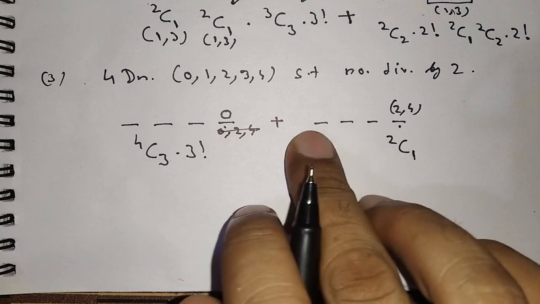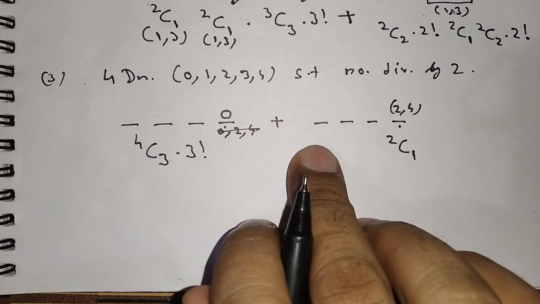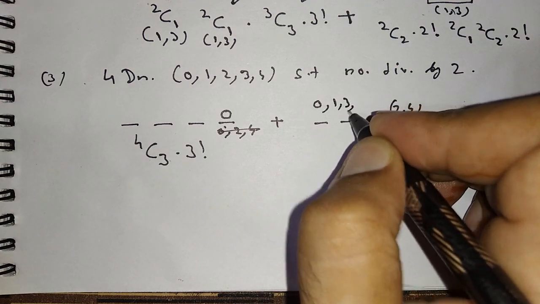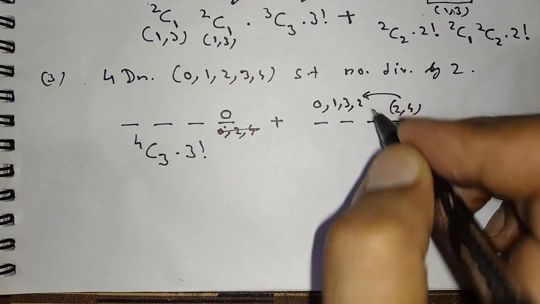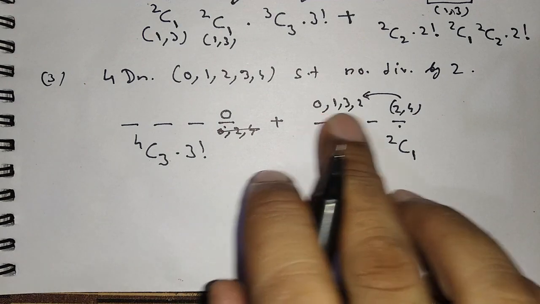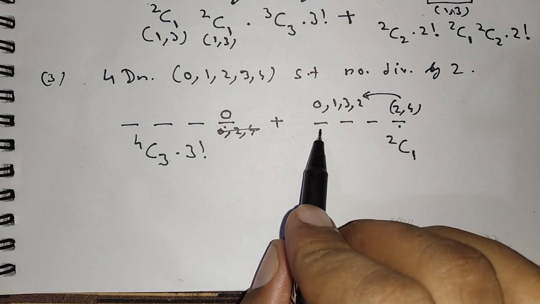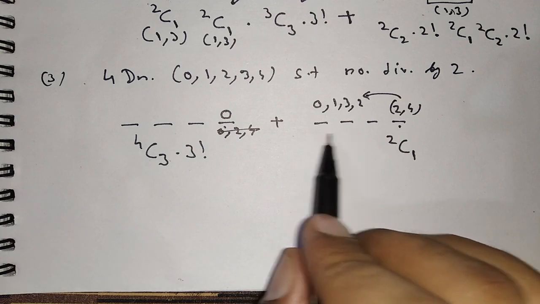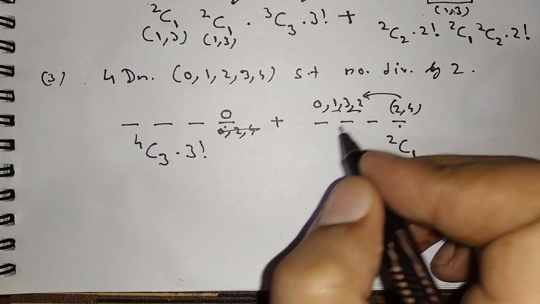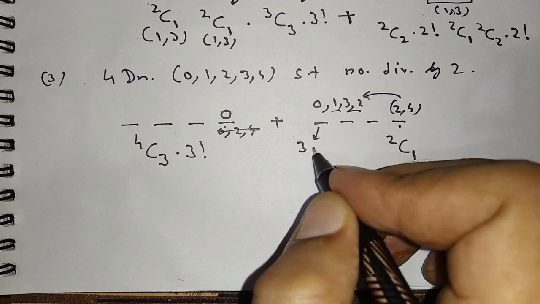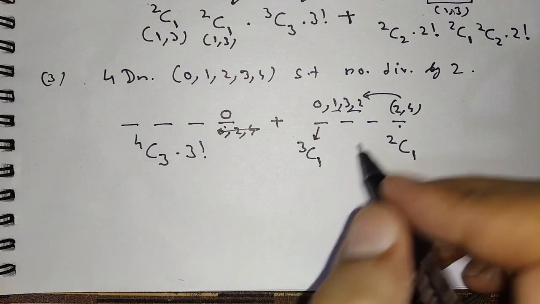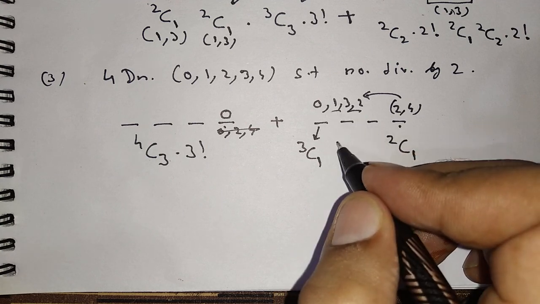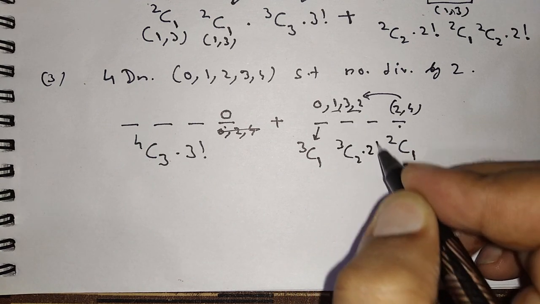Now we have the remaining 4 digits, but among these 4 digits we have 0 also, meaning we have 0, 1, 3 and one of the 2 digits, 2 or 4. So out of these, in the first place we can't put 0, because if we put 0 the number will be of 3 digits. So out of 1, 3, 2 we will put any one number, that is 3C1, and the remaining 3 numbers can be put in 2 places, that is 3C2 into 2 factorial.